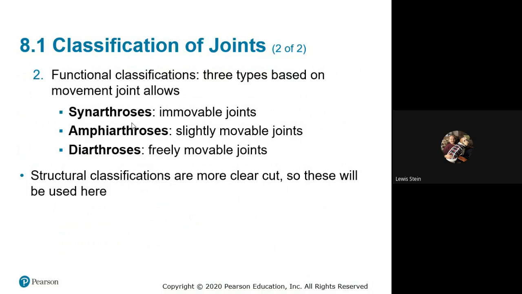Amphi, some, means slightly movable, and diarthroses, I don't know the derivation of that prefix, are freely movable joints. So synarthroses are mostly fibrous, amphiarthroses are mostly cartilaginous in nature, and diarthroses are the freely movable ones. The only ones that have a true joint cavity are the last, the synovial or diarthroses.